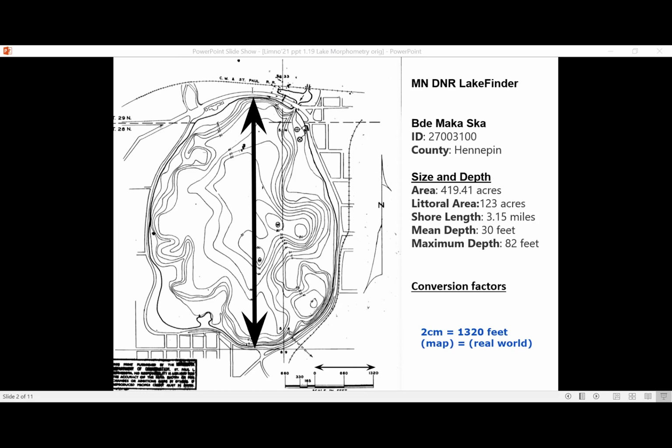Anyways, you'll go across the lake in 2 different directions and measure the distance. The lake is pretty close to round, so take the average of those 2, and that will give you an average diameter.